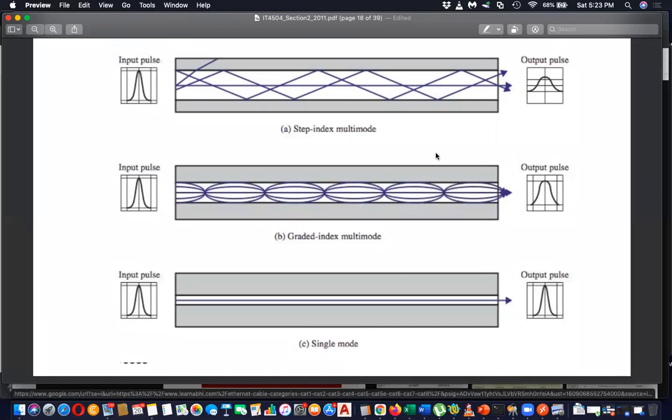Right, here is how the output first looks like. So you have these frequencies, few frequencies. You have few, 1, 2, 3, 4 frequencies here. Here also you have multiple frequencies. But here you have only, so it is very narrow. It has only one frequency.